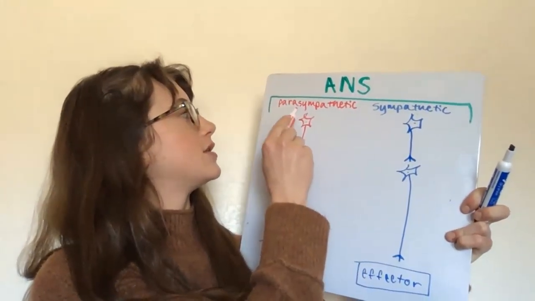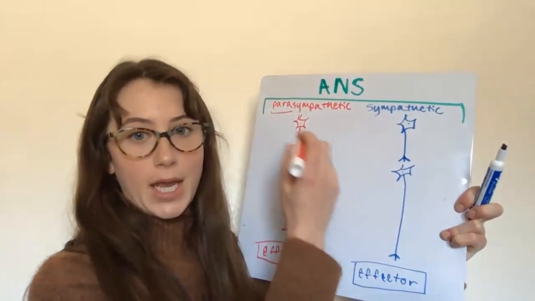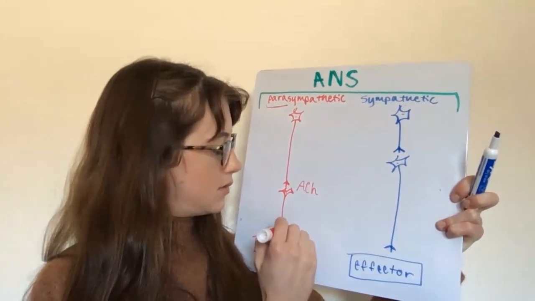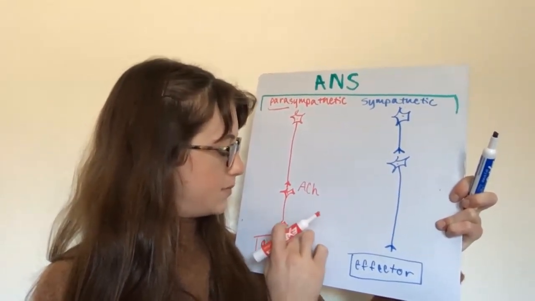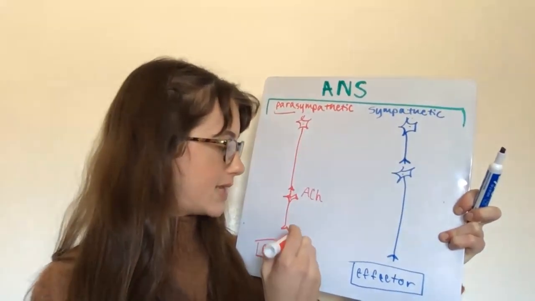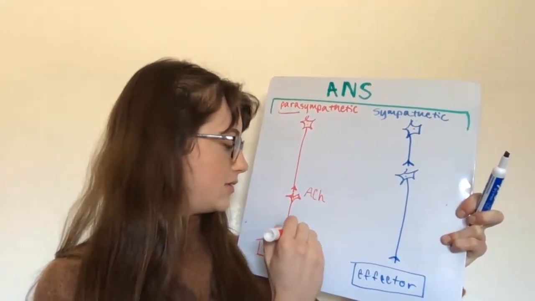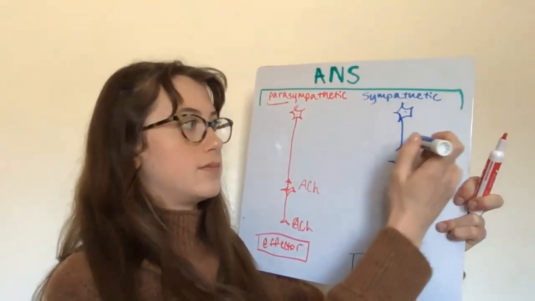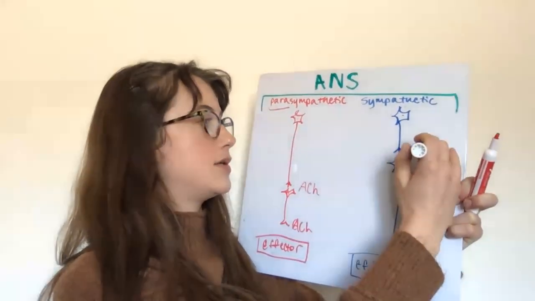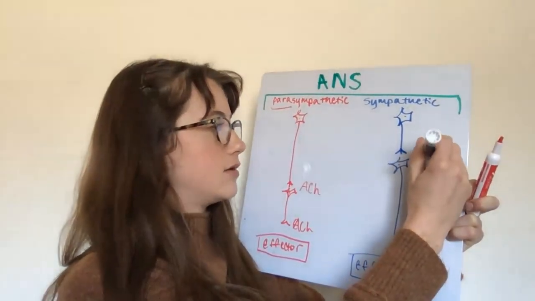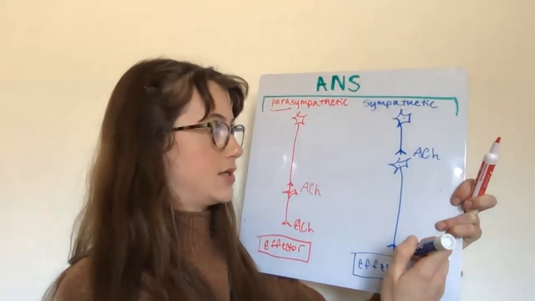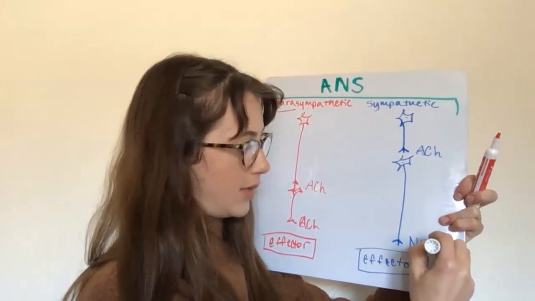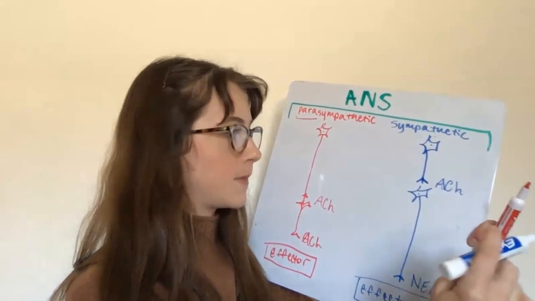In the parasympathetic nervous system, the way that I remember this is that you're working with a pair of acetylcholines. So the neurotransmitter used at both the pre and postsynaptic neuron is going to be acetylcholine. What about sympathetic? Neurotransmitter released from the presynaptic neuron, again, acetylcholine here. What about the postsynaptic neuron of the sympathetic nervous system? There is going to be norepinephrine or epinephrine released here as a neurotransmitter.